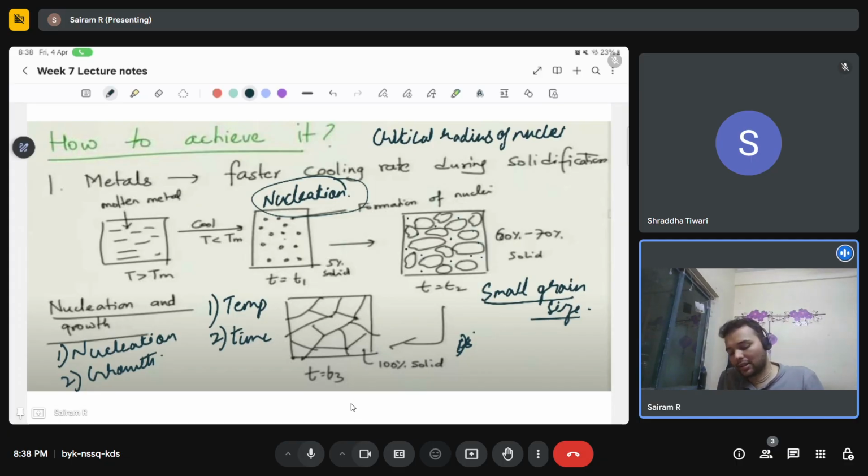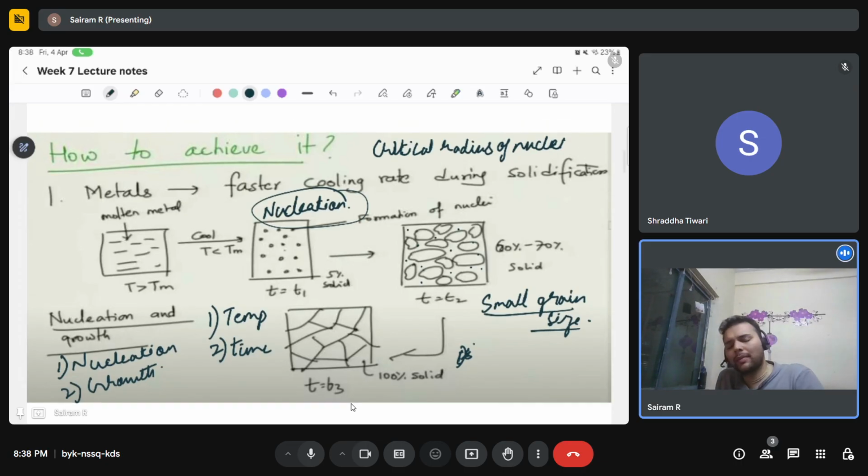So we will have to maintain the cooling rate in such a way that, after a certain point, to the maximum extent possible, we prioritize nucleation and try to reduce grain growth. In order to do that, we have to cool down very, very quickly.